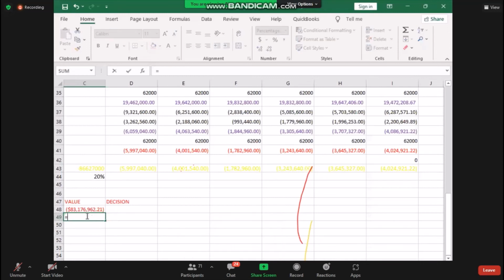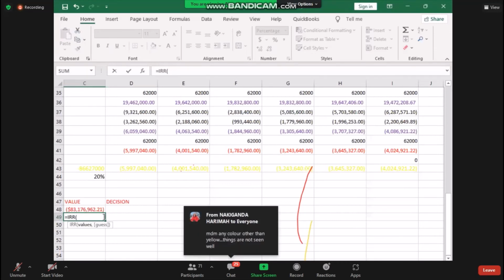Let me repeat, equal sign IRR. We're not seeing the values in yellow. Okay, let me change the color. Yes, blue, not yellow.